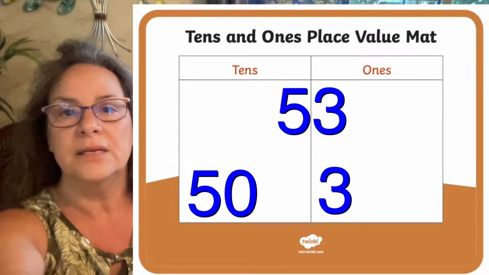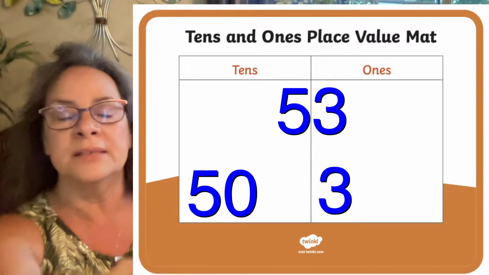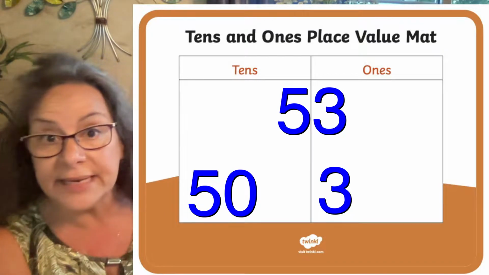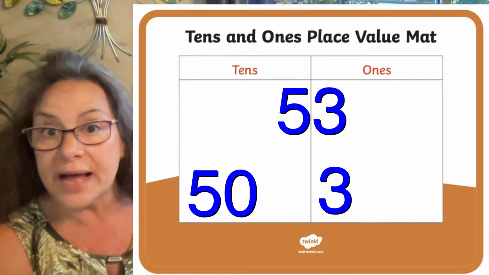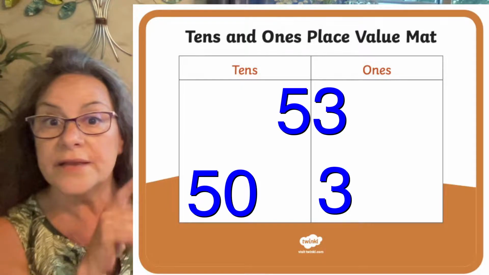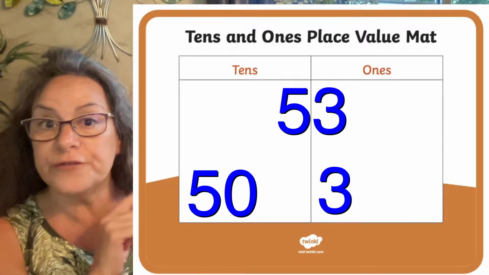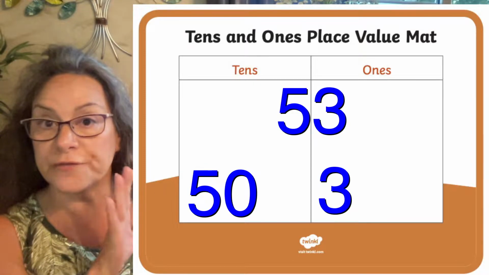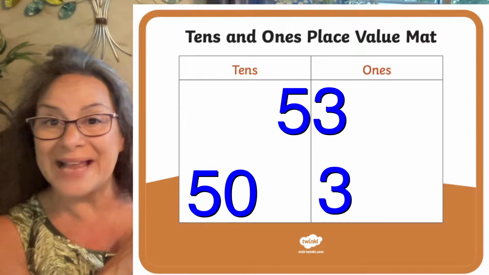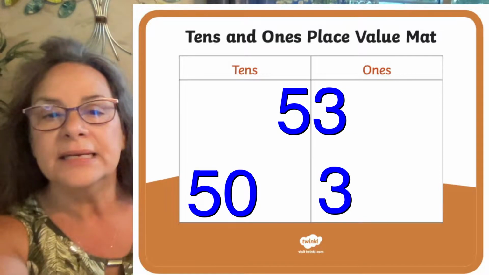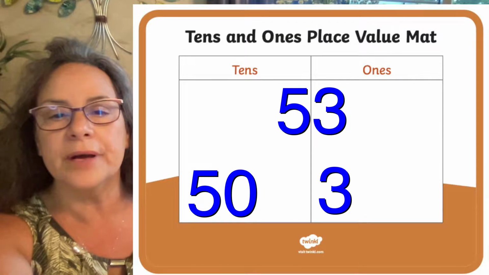That number is 50 plus 3, or 53. So the 5 represents 5 tens, right? Let's take a look at another number.